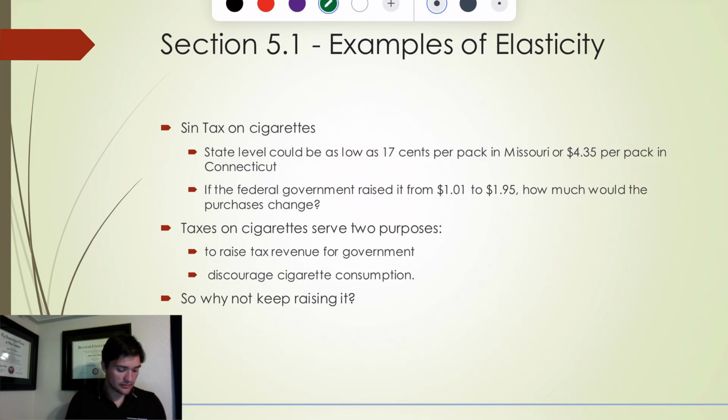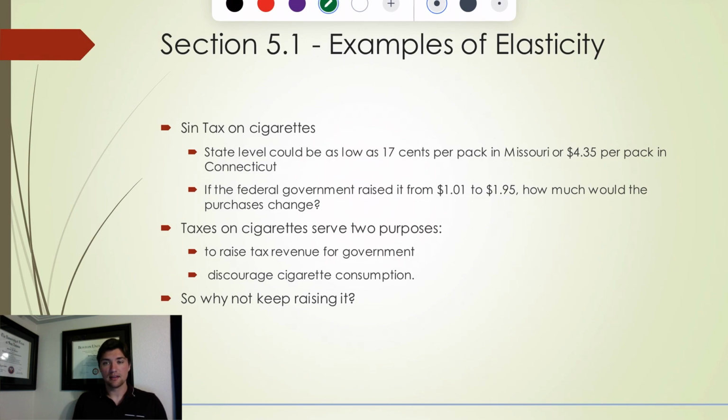So let's look at this. If the federal government were to raise the current $1.01 tax on cigarettes to $1.95, how much would the purchases change? Looking at your consumers, if the taxes go higher, you would expect them to buy less.